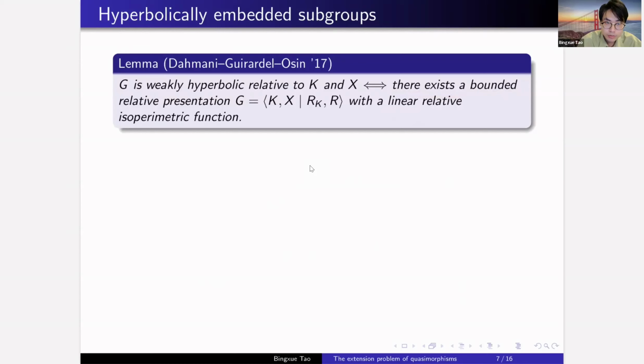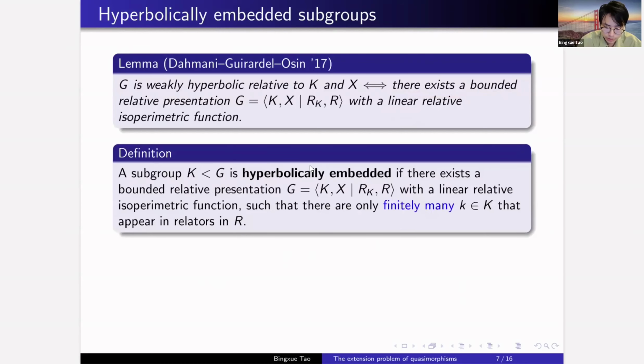And from this, we can add some conditions: if moreover there are only finitely many K that appear in relators in R, then we say that this subgroup is hyperbolically embedded.